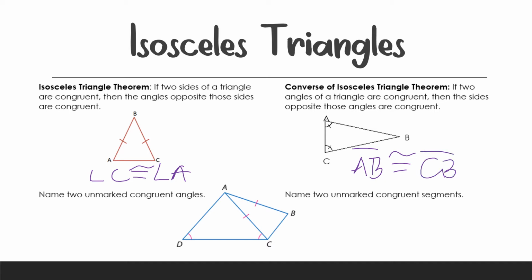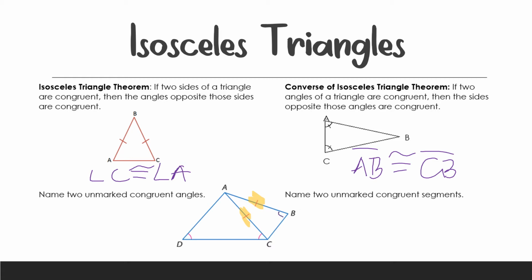Looking at the picture down below, it says name 2 unmarked congruent angles and 2 unmarked congruent segments. We know that segment AB is congruent to segment AC. So that means that triangle ABC is isosceles, and if those legs or sides are congruent, then the angles opposite them would be congruent.